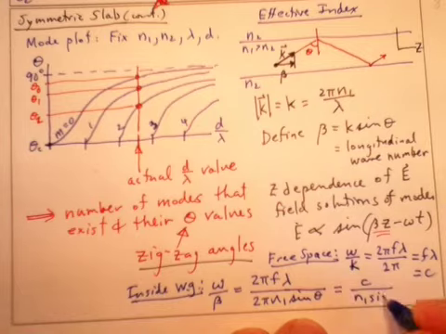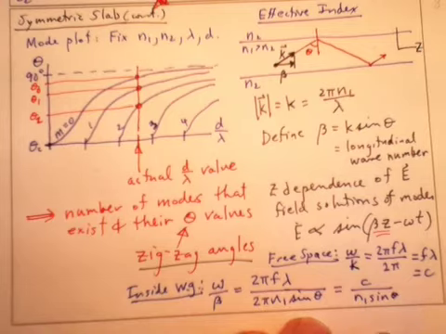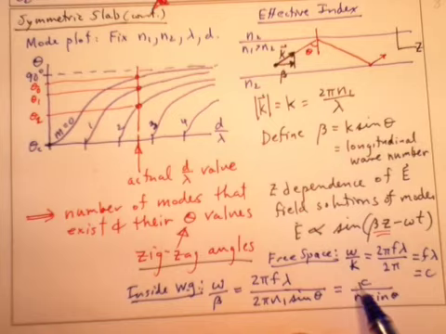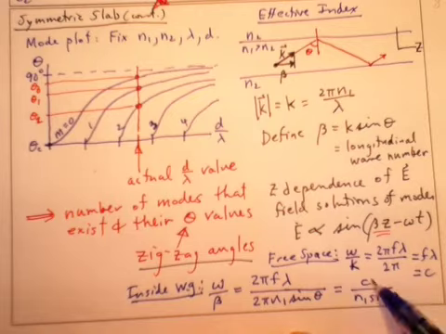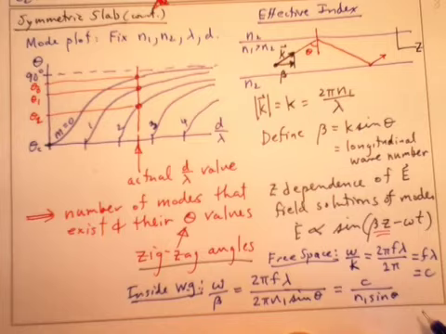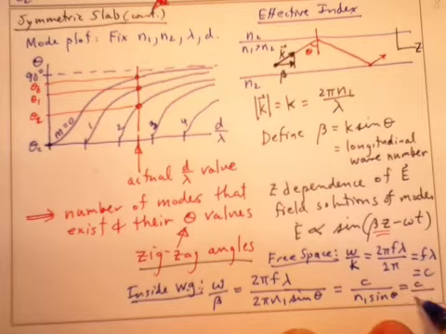And it turns out that this looks like what we get inside of a medium. Inside of a medium we would get c divided by n. Here we get c divided by n1 sine theta, and n1 sine theta is our effective index, because it characterizes the propagation speed.